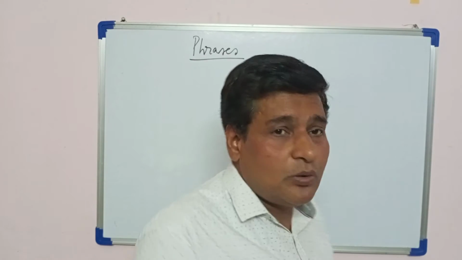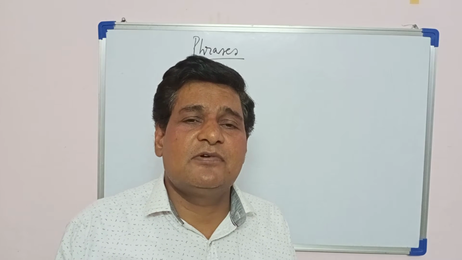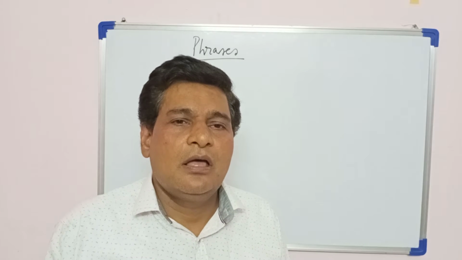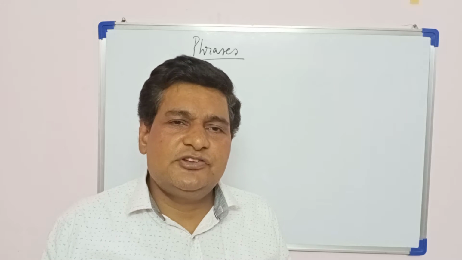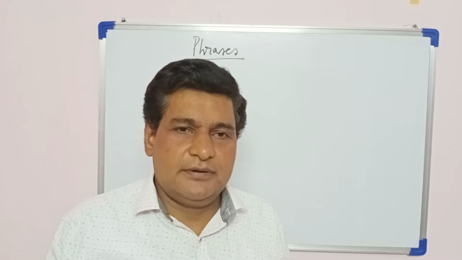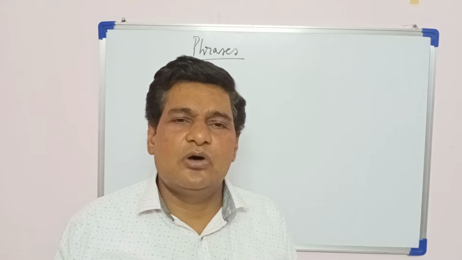I hope that you are already familiar with these three phrases at least. But there are many other phrases also with which you are not very well aware. So let's understand the kinds of phrases.